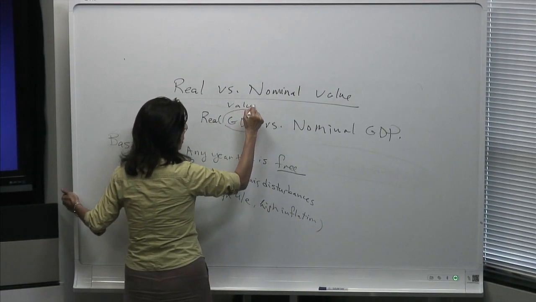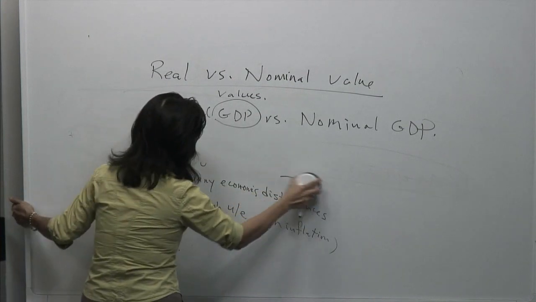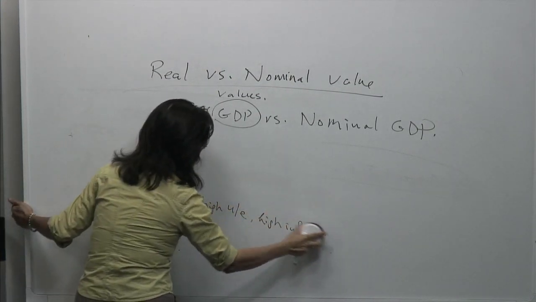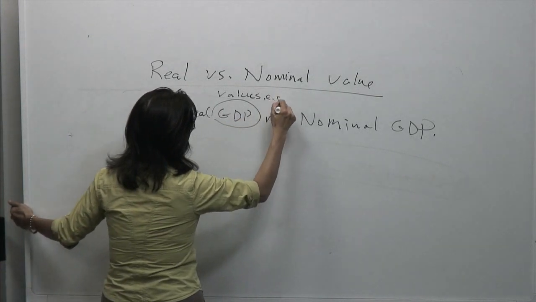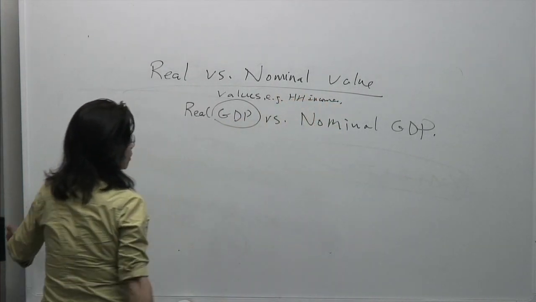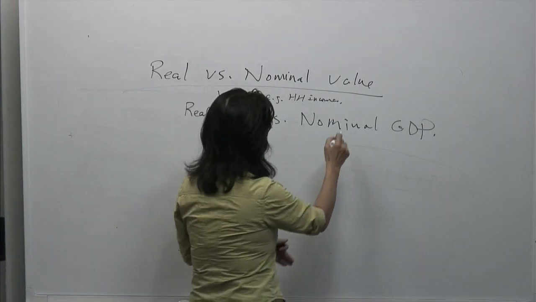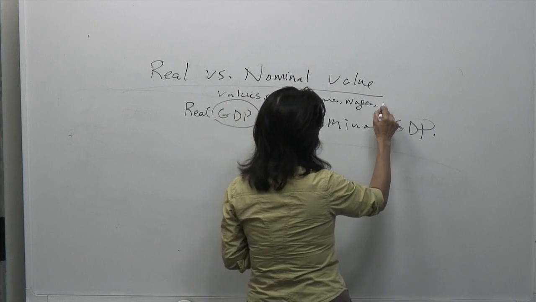So write this down, this is important. Any values, I'm going to give you an example. For example, household income. Let's see what else? Wages. Anything that has values to it. Hey, you could even add rent. Why not?